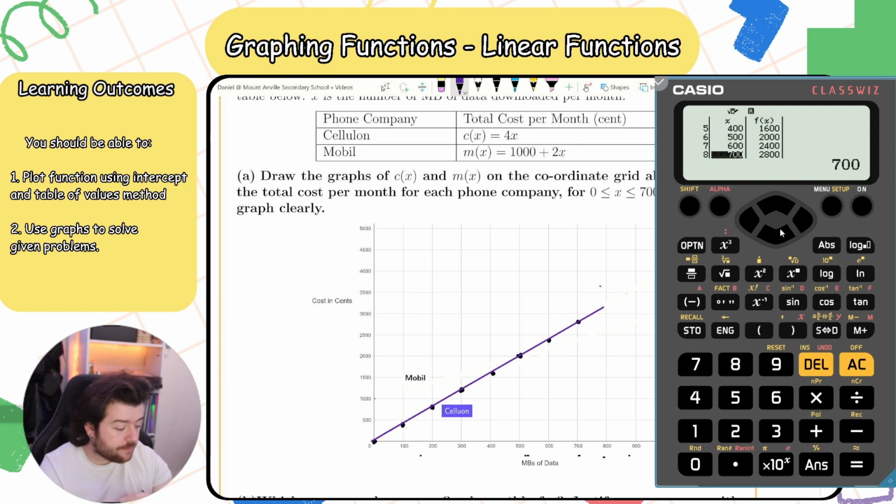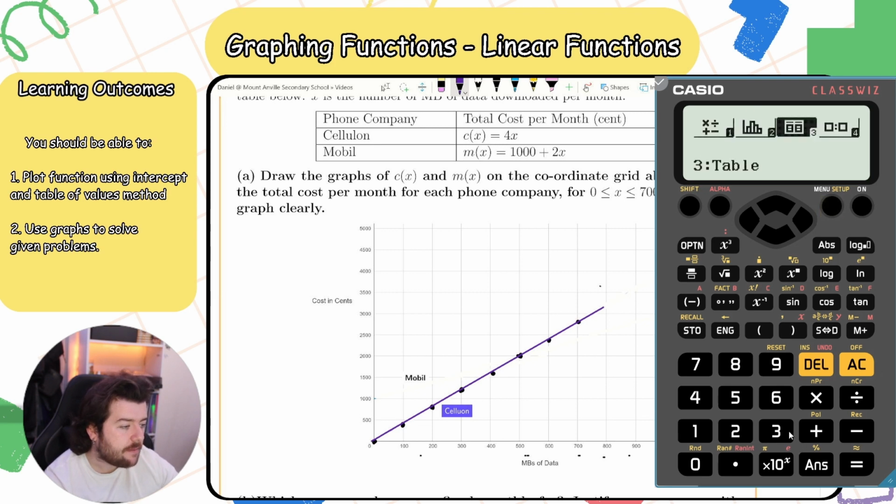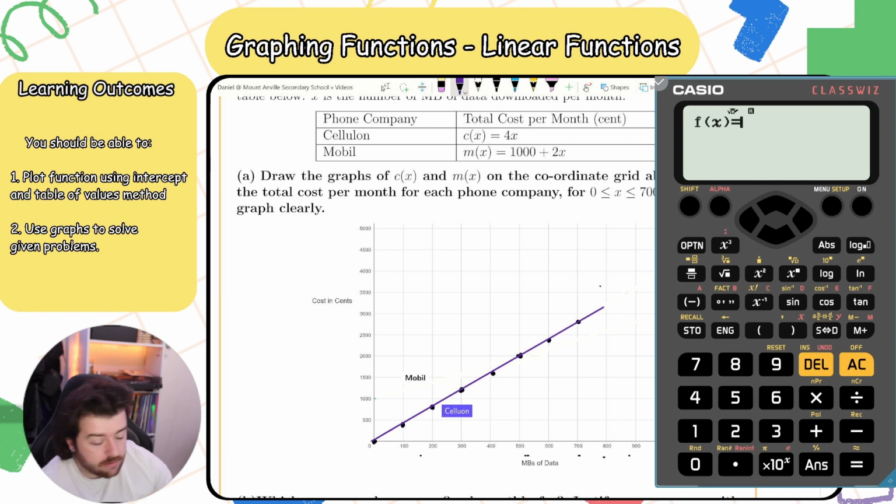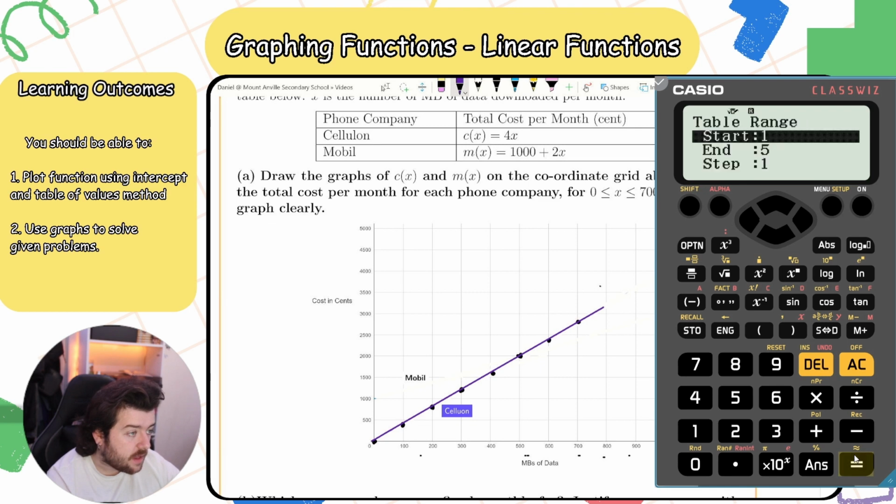Next one, mobile. So let's go back now. So table 3. So the mobile function is 1000 plus 2x. So that's going to be 1000 plus 2 alpha x. So I'm again starting at 0, ending at 700, and I'm going up in 100s.